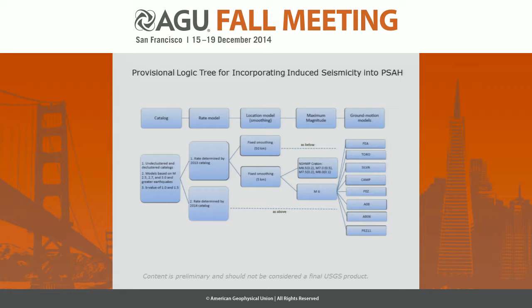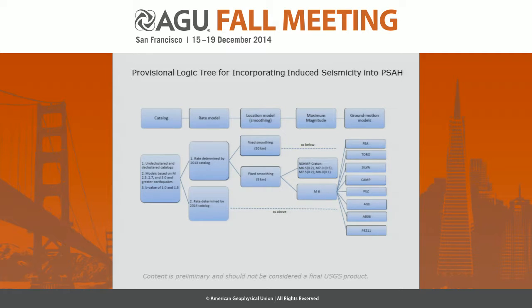So to get at these questions, we have put together a draft logic tree. And this is where we try to expand what we know to cover the epistemic uncertainty in our knowledge and provide independent ways of working through the decisions that must be made to develop a hazard model. The model is currently divided into these elements, a catalog, of which there are choices between clustered and undeclustered catalogs, and rate models that are based upon different cutoffs and b-value assumptions.